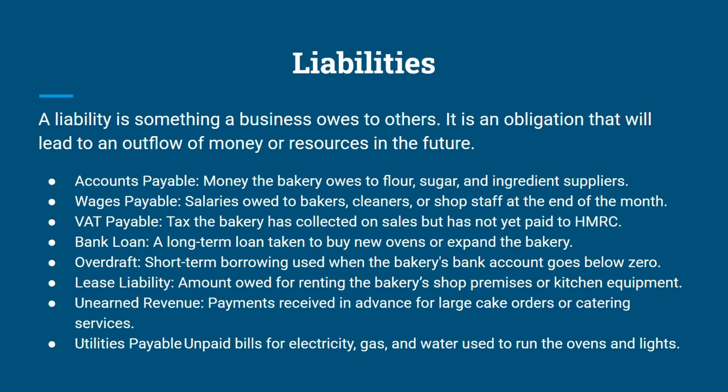And then we've got other things like lease liability, the amount of money owed for renting the bakery's shop, and unearned revenue, payments received in advance for larger cakes, and utilities payable, unpaid bills for electricity, gas, and water. So there are many things that we can think about when we are saying liabilities.